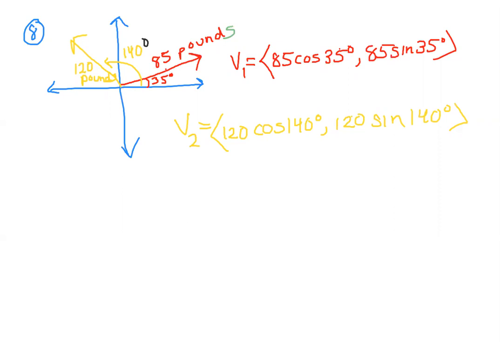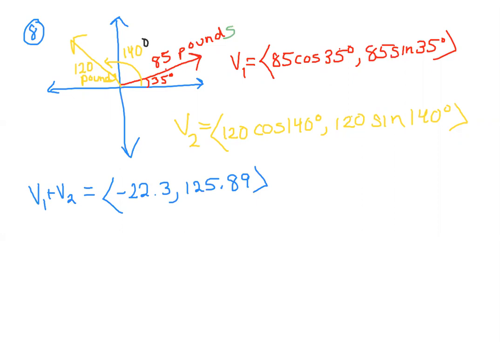The resultant vector is going to be v1 plus v2. So you just put all that in your calculator, and you should get negative 22.3 and 125.89 for your resultant vector.